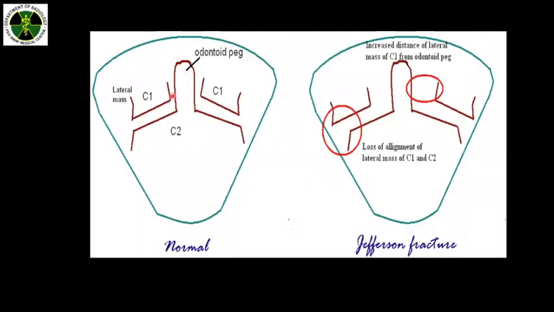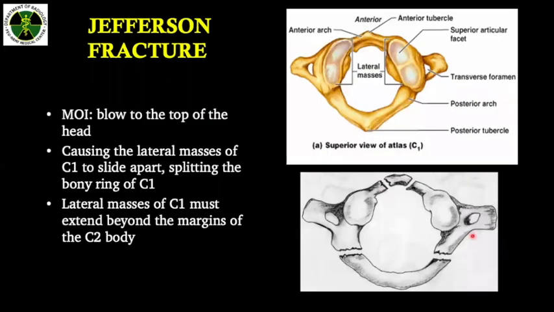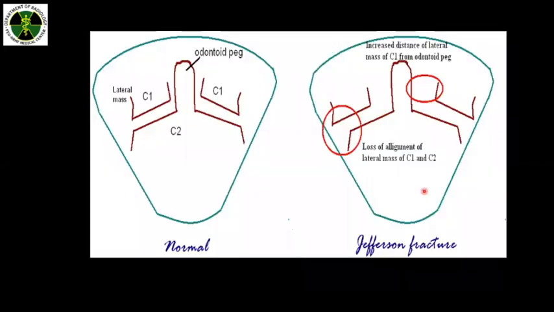This is the dense odontoid, and these are the lateral masses of C1 in a frontal radiograph. If there is an increased distance of the lateral mass of C1 from the dens or odontoid process, then there may be a Jefferson's fracture that causes it because of the split in the bony ring.